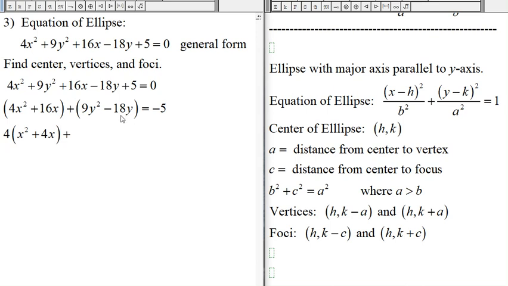And then same thing here, factor out the coefficient of y squared, which is 9. So put 9 in front of the parentheses, and then divide everything by 9. So 9y squared divided by 9 is just y squared. And then minus 18y divided by 9 is 2y.